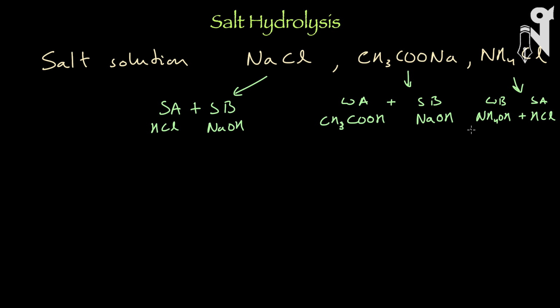Mind you, exact amount of NH4OH, exact number of molecules of NH4OH reacting with the exact same number of molecules of HCl is going to give you NH4Cl salt, and all of the base and acid is consumed. So then only you get that salt.